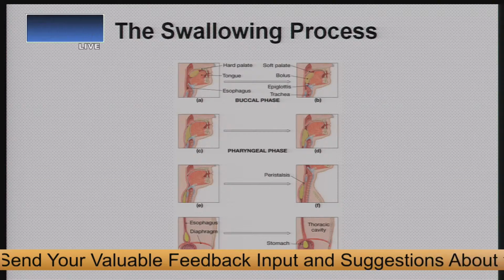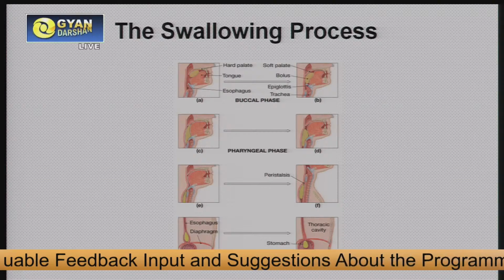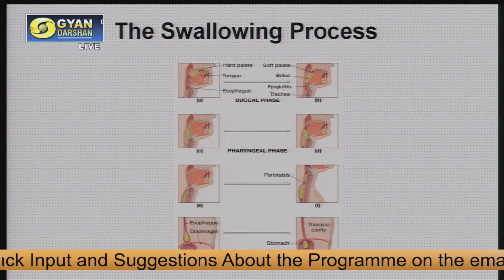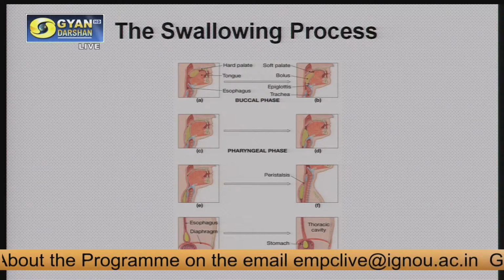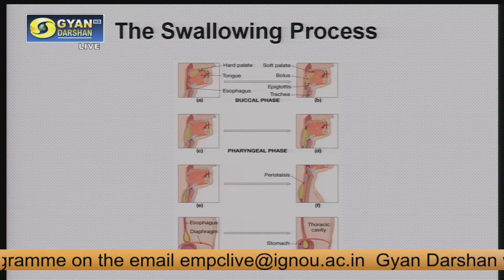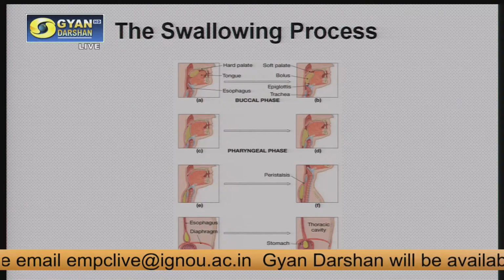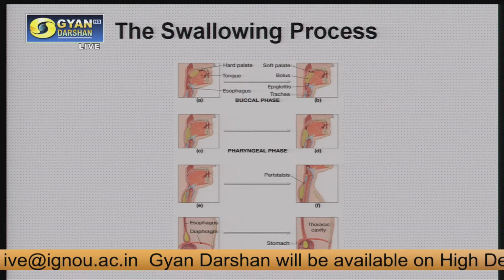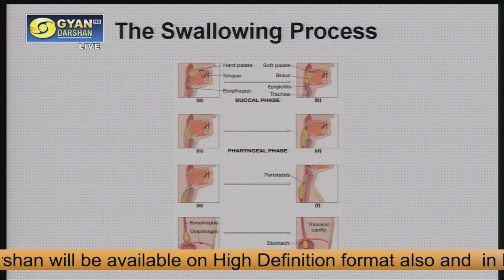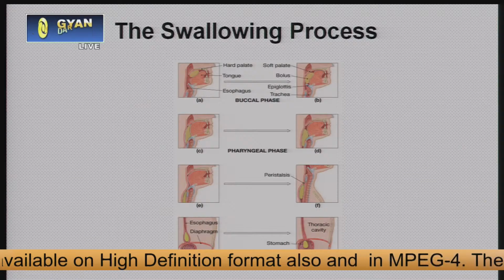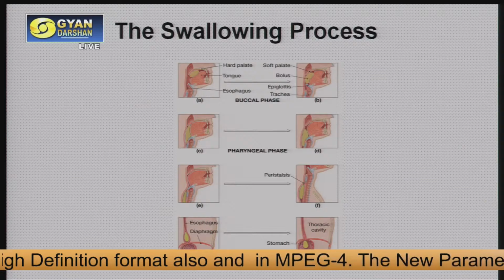Now the swallowing process. This particular swallowing process is very important. There are three important phases in swallowing: buccal phase, pharyngeal phase, and the esophageal phase. In buccal phase, you can see the hard palate, soft palate, and then tongue, the bolus, and the esophagus, then epiglottis and trachea.